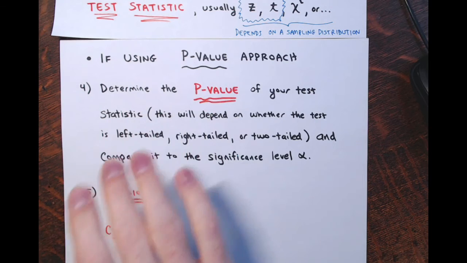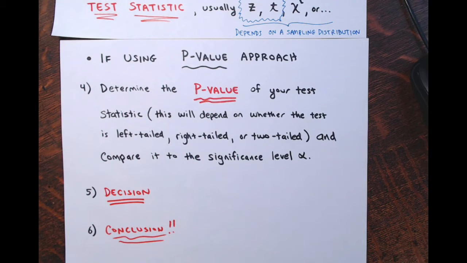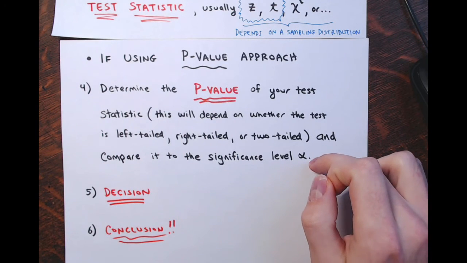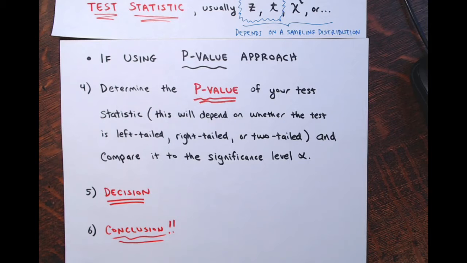And then you compare your p-value to the significance level. You compare it to alpha. Depending on how it compares to alpha, you're going to make your decision. Steps 5 and 6 here are the same as steps 5 and 6 for the critical value approach. You make your decision about the null hypothesis, and then based on that decision, make your conclusion about the claim.